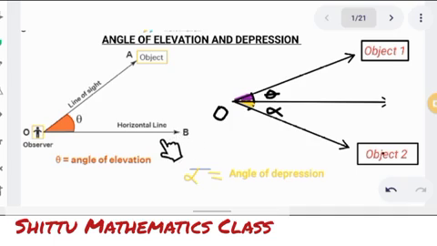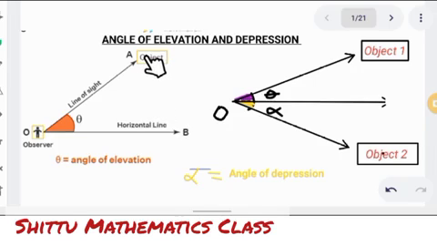Now let's see the man observe something above him. Maybe he's standing and trying to look at something up, maybe at the top of the tree or at the top of the building. We are going to see that this height from the normal level, that is this horizontal line, will be raised up to observe the object at the top.